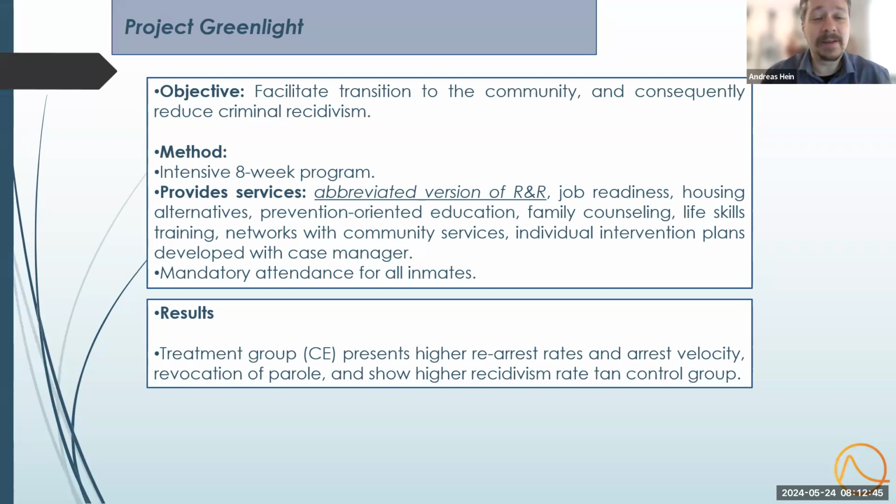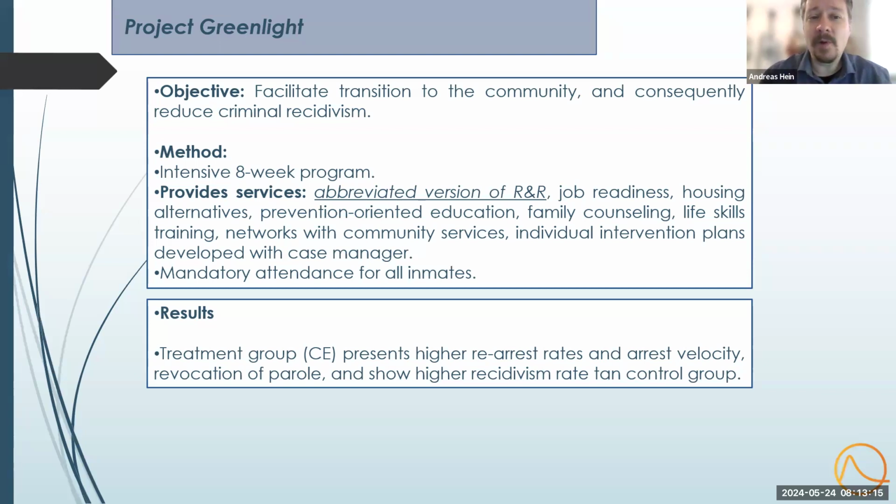And in this case, what they found, they also made a follow-up. This is a quasi-experiment, so they were not randomly assigned, but there were balanced groups. The treatment group presented at follow-up a higher rearrest rate and faster arrest velocity. They got arrested much quicker, and they had a higher rate of parole revocation than the control group.